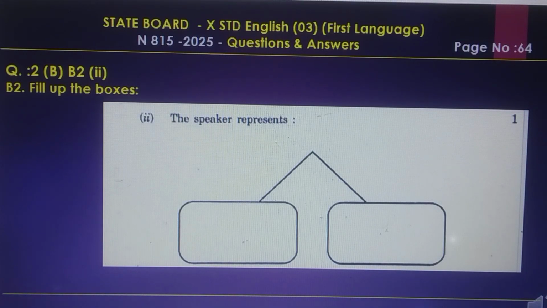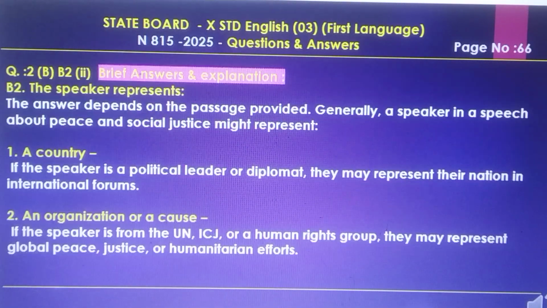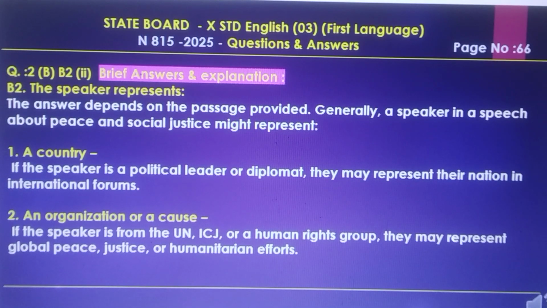Fill in the box: whom does the speaker represent? The answer: a country, organizations or causes, humanity, peace, justice. The answer depends upon the passage provided. Brief answer and explanation: generally, a speaker who speaks about peace and social justice might represent a country.